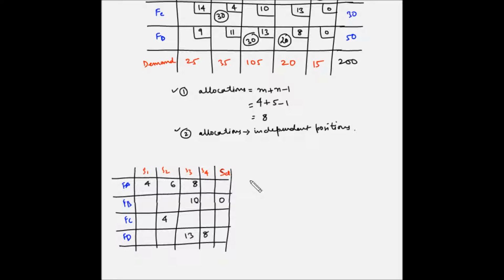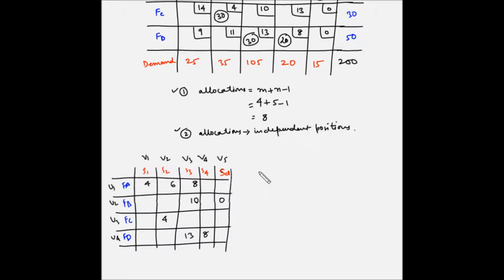Now the next step is to assign the variable ui to each of the rows and vj to each of the columns. So let's say this is u1, u2, u3, u4, and v1, v2, v3, v4, and v5.